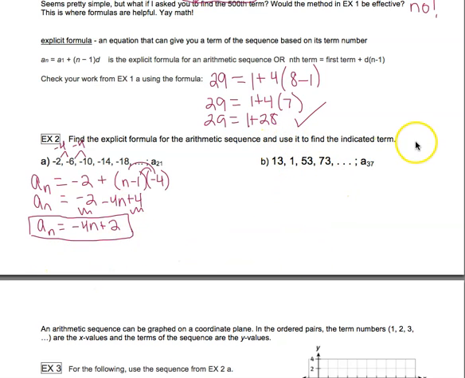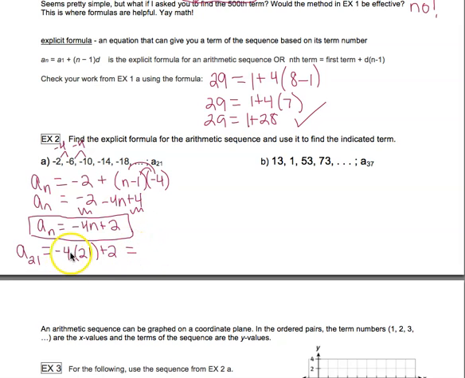Now it says use it to find the indicated term. So I want to find a sub 21. And a sub 21 means the 21st term, which means that n needs to be 21. So I'm going to plug in 21 in place of my n, and I'm going to simplify.